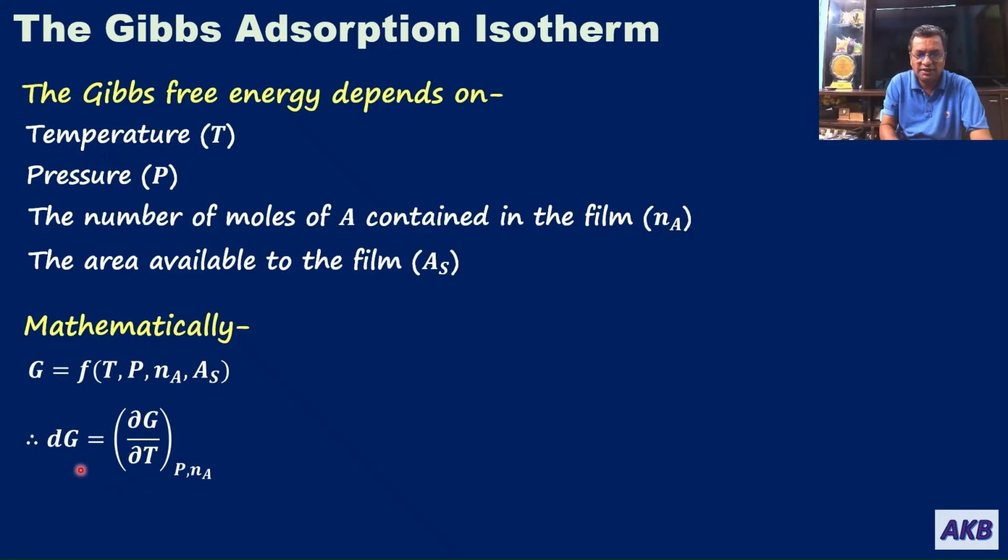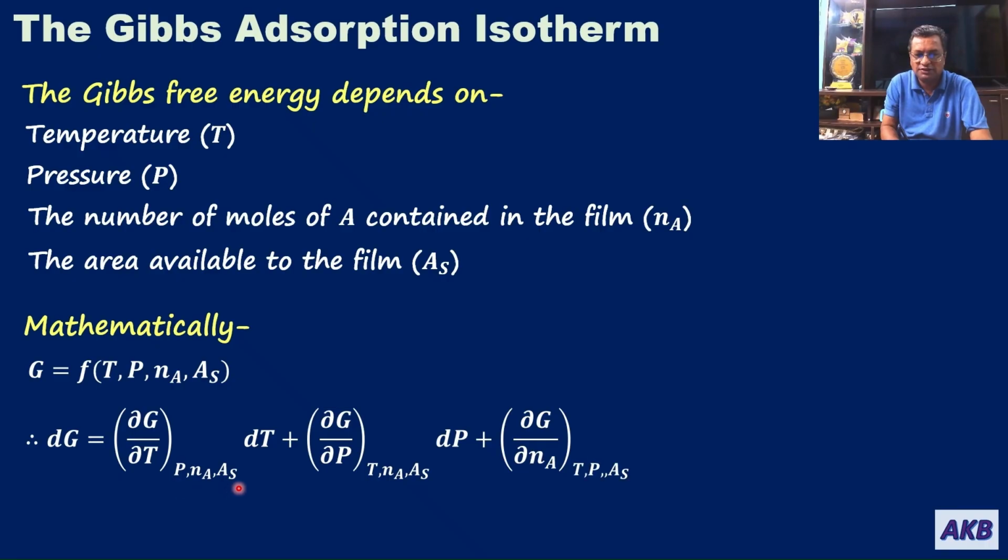So dG will be ∂G/∂T at constant pressure, Na, As into dT, plus ∂G/∂P at constant T, Na, As into dP, plus ∂G/∂Na at constant T, P, As into dNa, plus ∂G/∂As at constant temperature, pressure, Na into dAs.